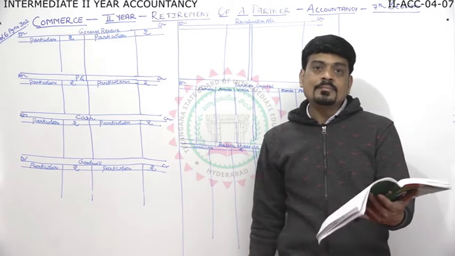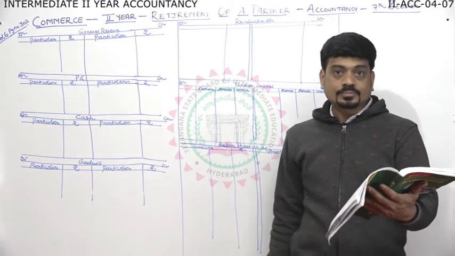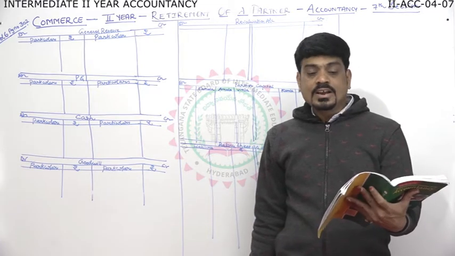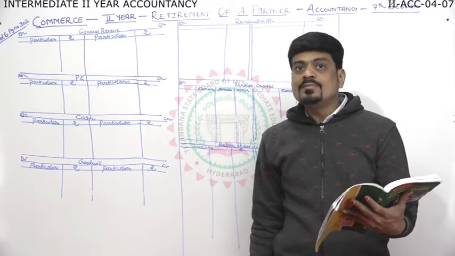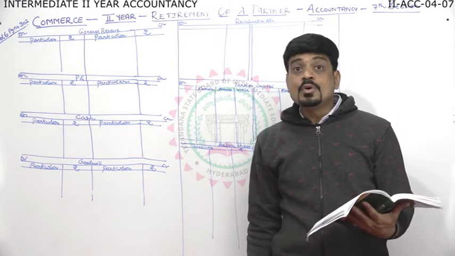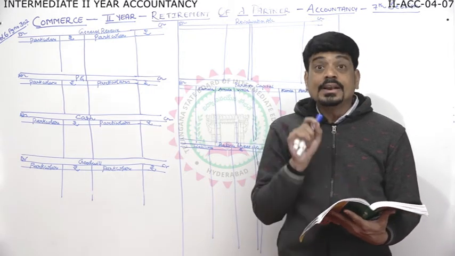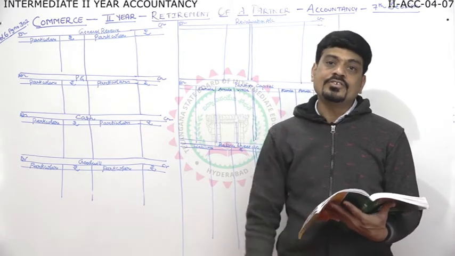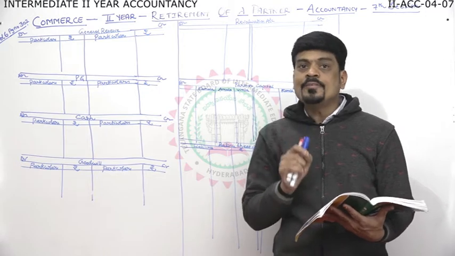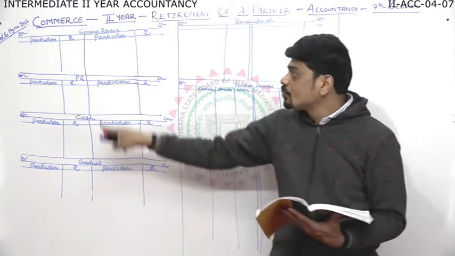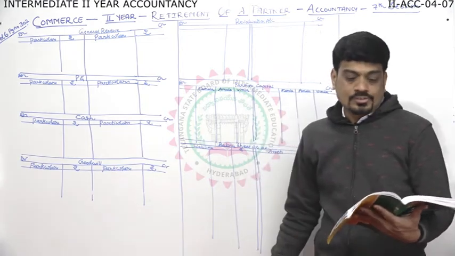Similarly, assets: cash, debtors, stock, furniture, machinery, and one important item, the profit and loss account. This is nothing but an accumulated loss. Whenever they give profit and loss on the asset side, it is an accumulated loss. So we prepared that account also.